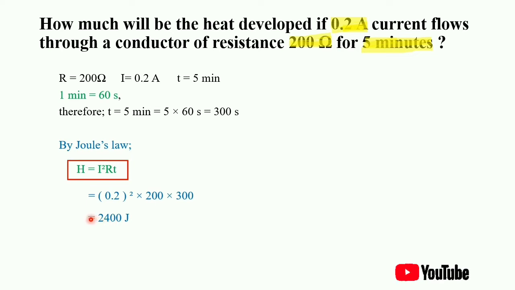We will get the value of this term as 2400 joule. So this will be the heat which is developed in this conductor if 0.2 ampere current is flowing through this conductor for 5 minutes or 300 seconds. The unit here is joule. So the heat generated equals 2400 joules.